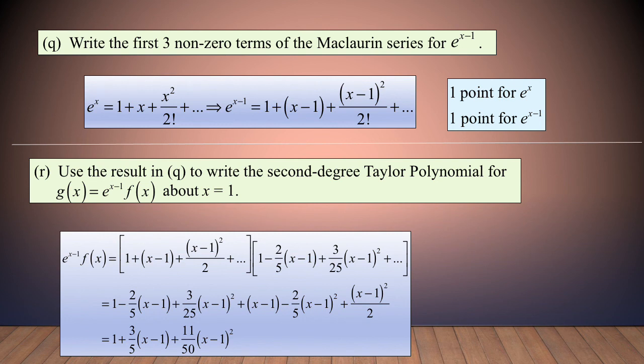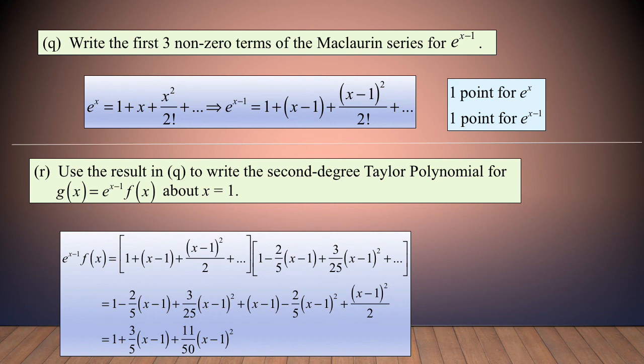We are interested in the highest power term being a second degree. So if we multiply the 1 in the first expression by all the terms in the second expression, we get 1 minus 2/5 x minus 1 plus 3/25 times x minus 1 quantity squared. Any other terms will have a higher power of x.